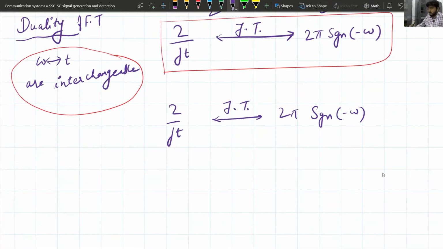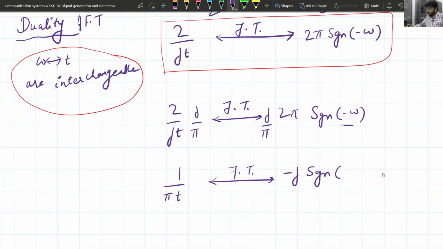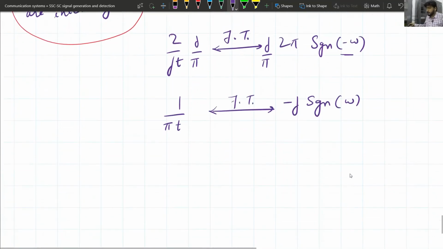Now multiplying both sides by j by pi, we obtain the signal 1 upon pi t, whose Fourier transform is given as simply j times, and this minus will come out, minus j times sgn omega.